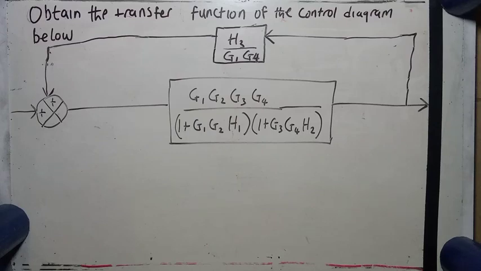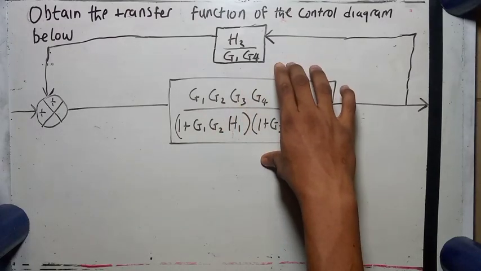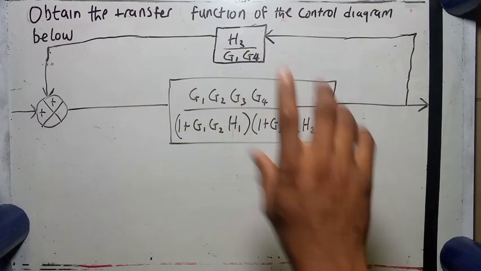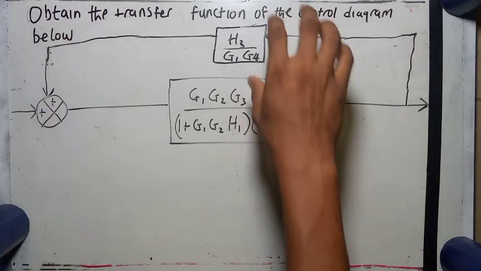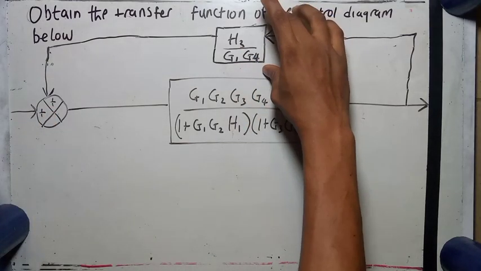So using the same ideology, remember it is this one all over 1. Since here is plus, it's not going to be minus this times this.